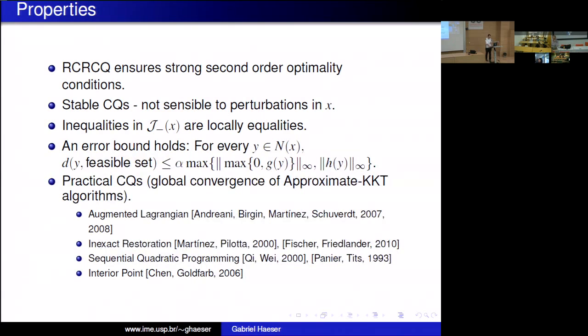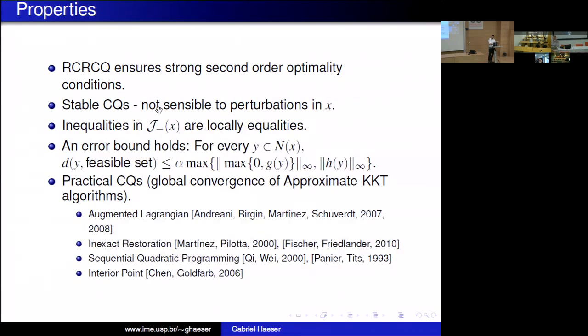There are some other works that use Mangasarian-Fromovitz and some additional condition, but they can prove only that there exists a Lagrange multiplier for which the second-order condition holds. So for this relaxed constant rank, you can prove it for every Lagrange multiplier. Okay, we have some recent works on second-order conditions, but I will not mention them here.